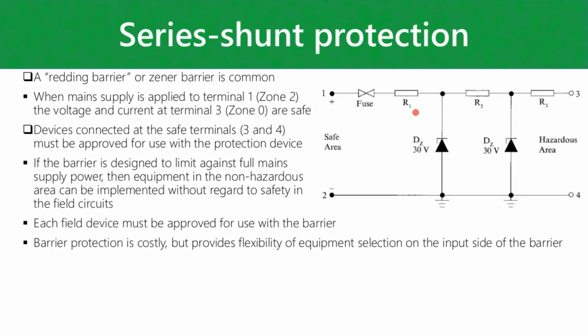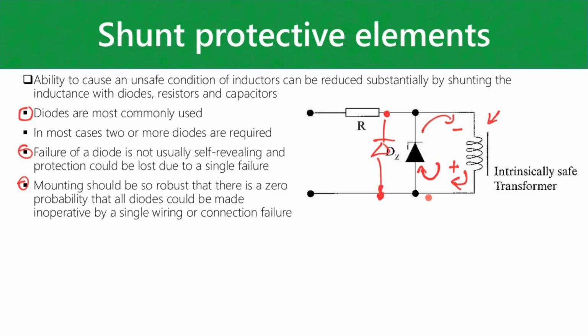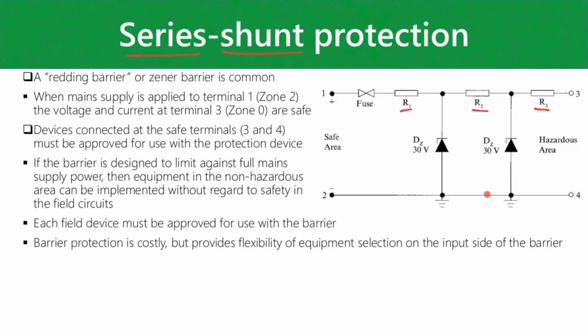All right, and then we have the barrier that combines the best of both worlds for series and shunt protection. So you have current limiting resistors, in this case 3 of them, and then you also have Zener diodes. I actually forgot to mention, usually it's a Zener diode in the case of intrinsically safe devices, because the Zener diode will clamp the voltage to a fixed level.